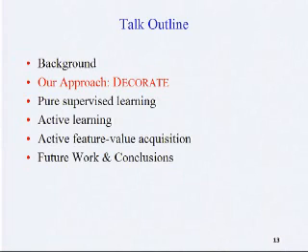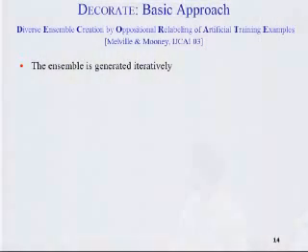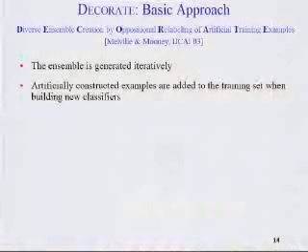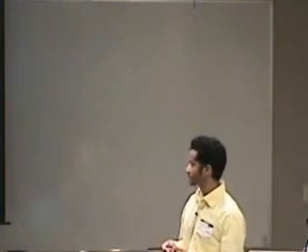Our approach is based on building ensembles that are consistent with the training data, but still try to maximize diversity as defined by this term. I'll go into a little more detail of our algorithm, which is called Decorate. It generates ensembles iteratively. At each step of this iteration, we use artificially constructed examples, which are then added to the training set to build a new classifier.